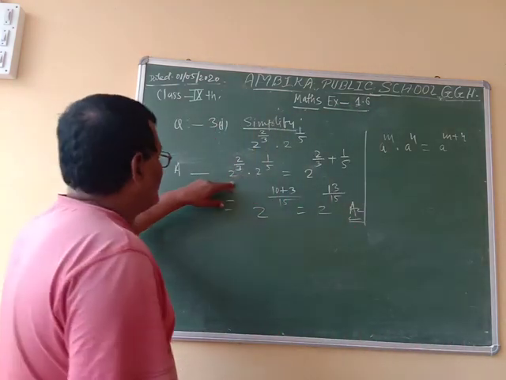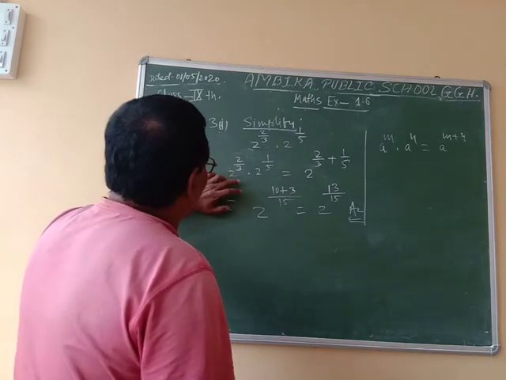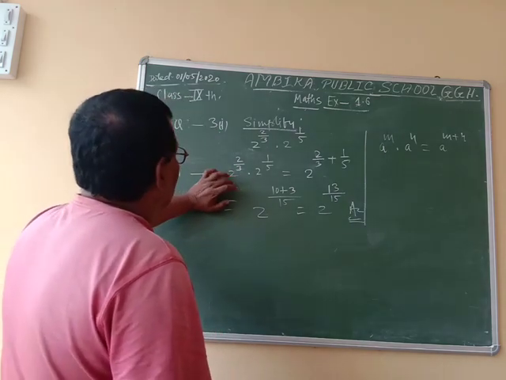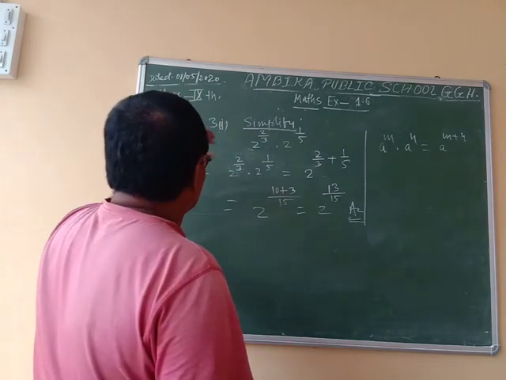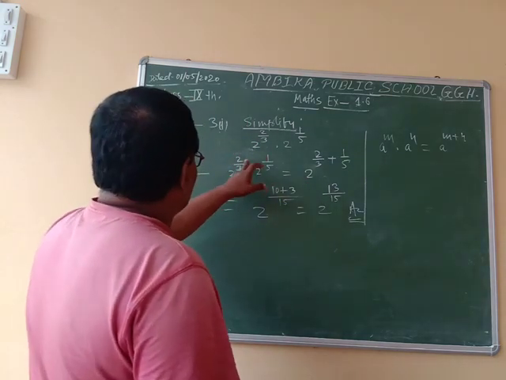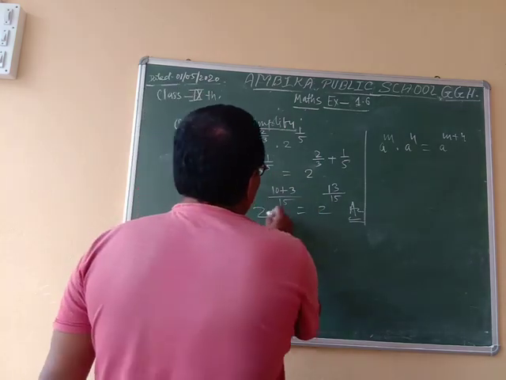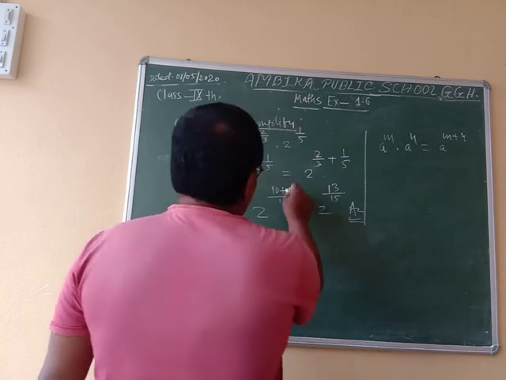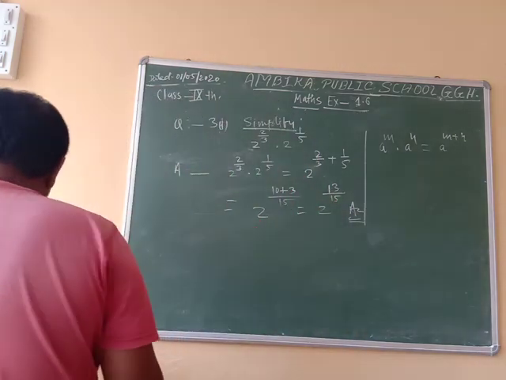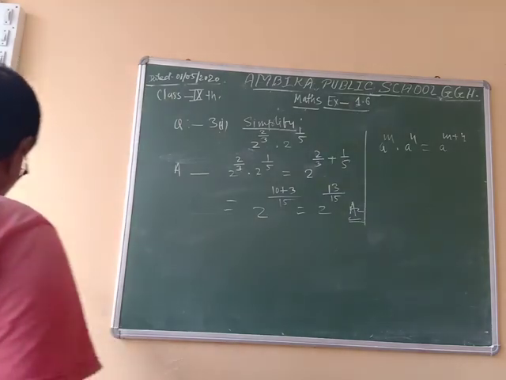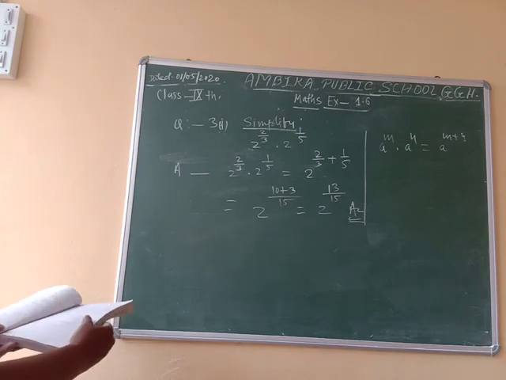Here the bases are the same and it is a multiplication, so we add the powers of 2. 2 to the power 2 by 3 plus 1 by 5 is equal to 2 to the power 10 plus 3 by 15, which is 2 to the power 13 by 15. One more problem is solved by me, and after that you will try to solve.